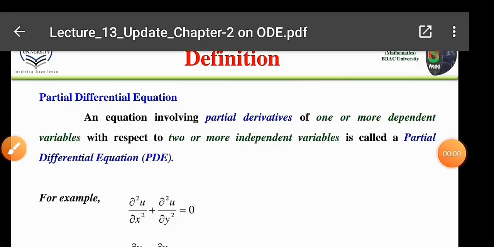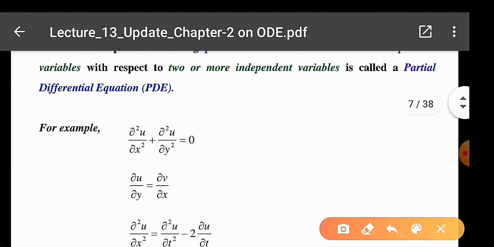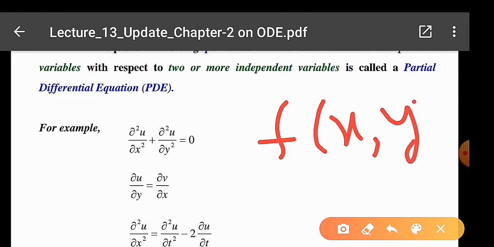Whereas a partial differential equation is a differential equation that involves partial derivatives with respect to two or more input variables. You can see from the examples, here we have independent variable x, independent variable y. You can think about a function with two input variables f of x comma y, and output is suppose g.